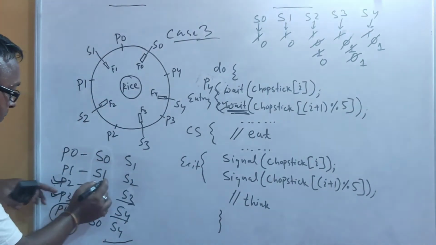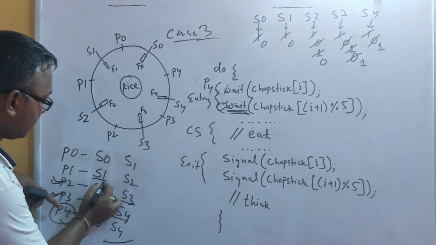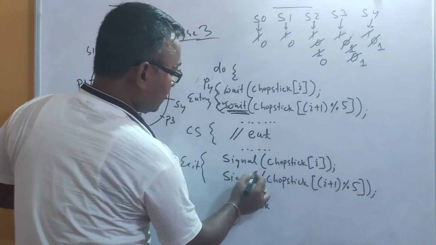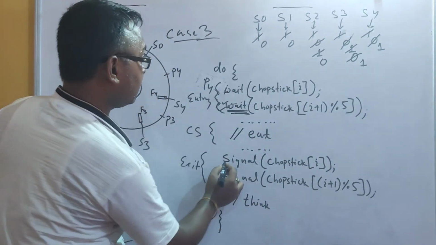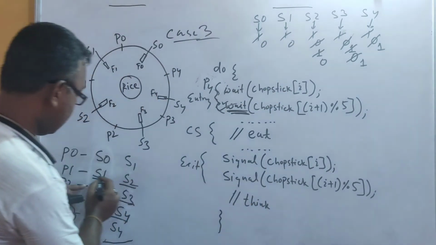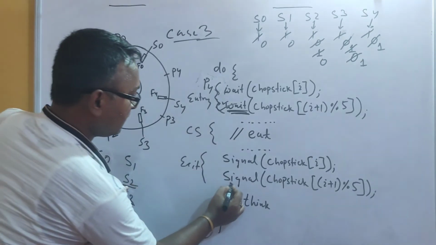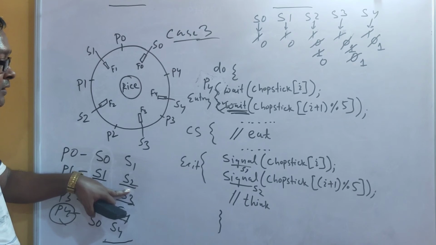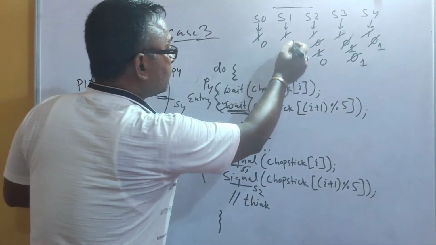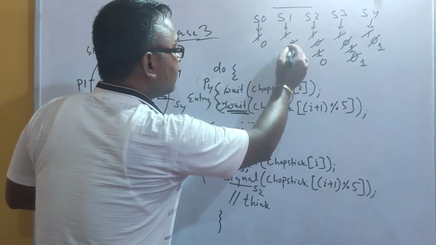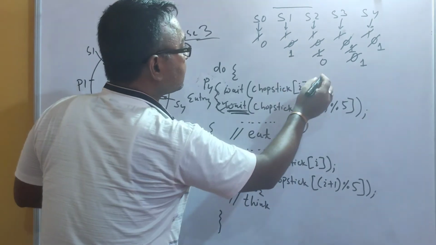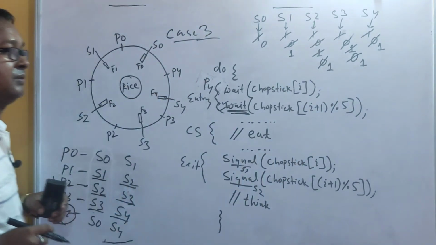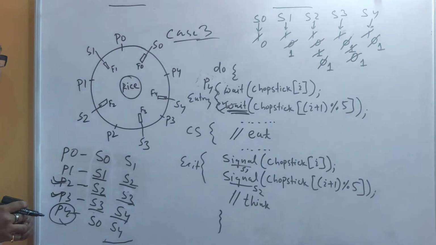So right now P1 will release the forks S1 and S2, thereby executing signal S1 and signal S2, okay. So thereby incrementing the semaphore value from 0 to 1 for S1, and from 0 to 1 for S2, okay.